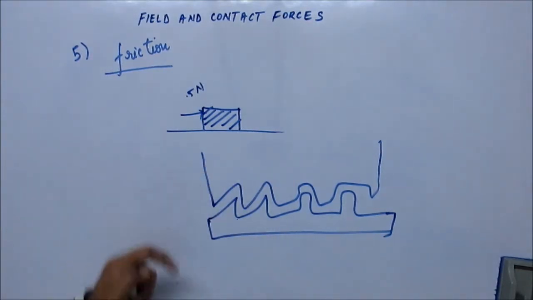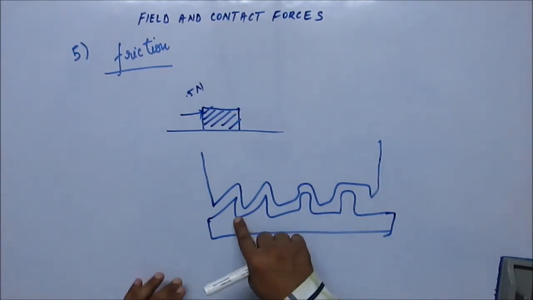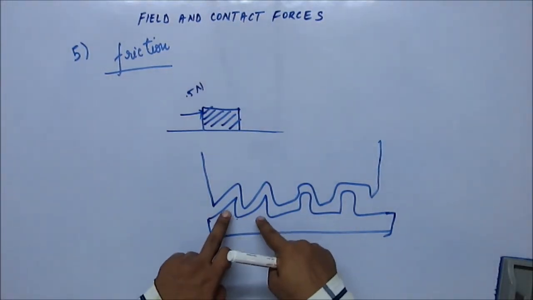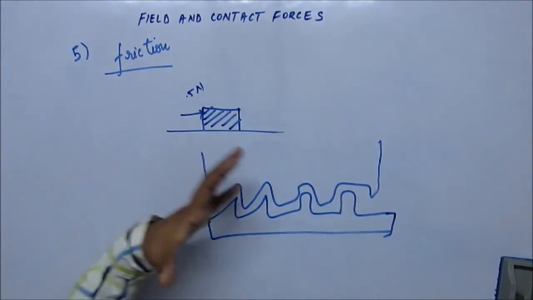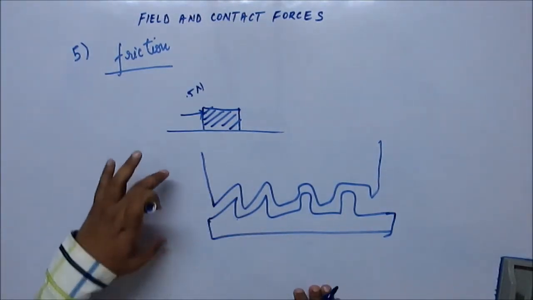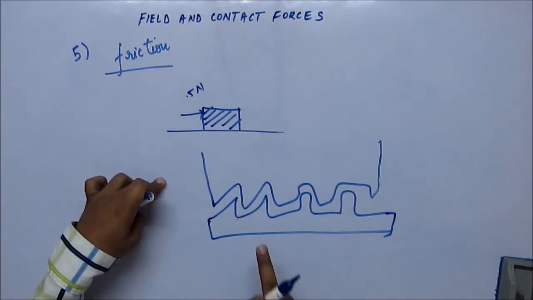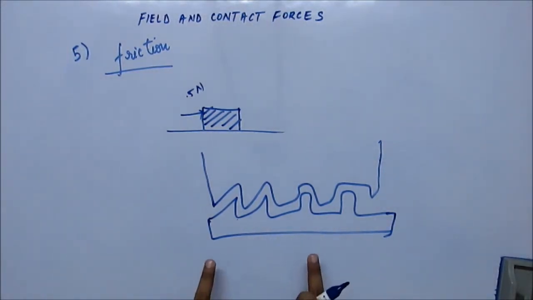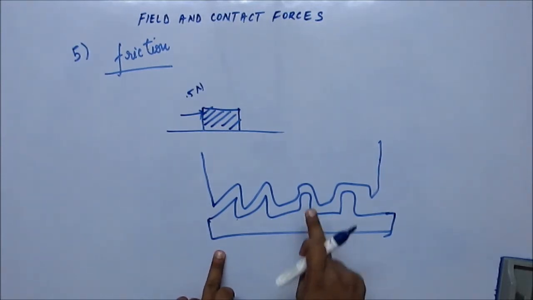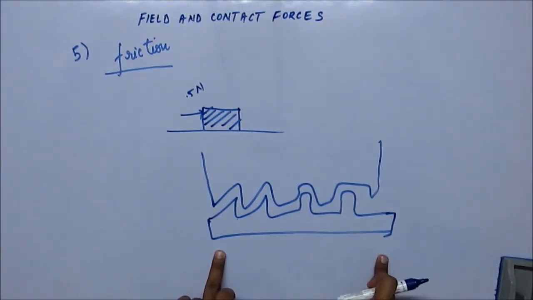So when you try to move it, it doesn't move very easily because there is some force of repulsion from these interlockings. You have to break these interlockings in order to move the block forward. Unless you apply a minimum amount of force that will be able to break these interlockings, the block will not move. So friction actually is this. This is the interlocking between the two surfaces. That's why the friction exists.